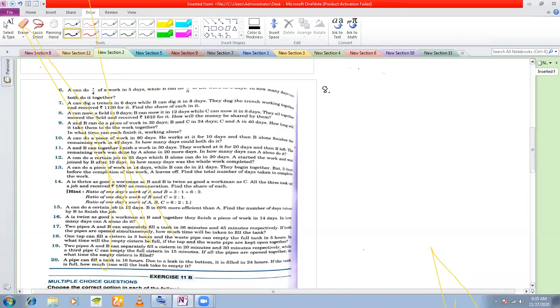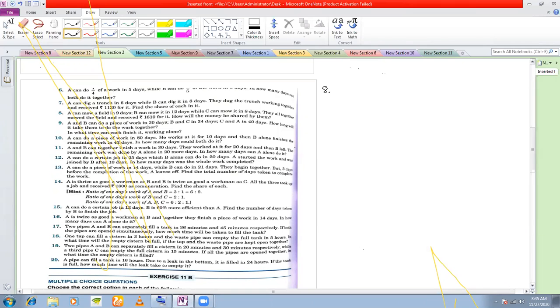A can mow a field in 9 days. B can mow it in 12 days. So if A does it alone, he can mow the field in 9 days. And if B does it alone, he can mow the field in 12 days. And if there is a third worker, C, he can mow the field in 8 days.